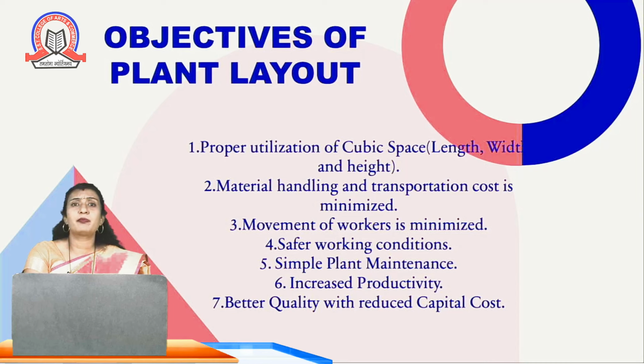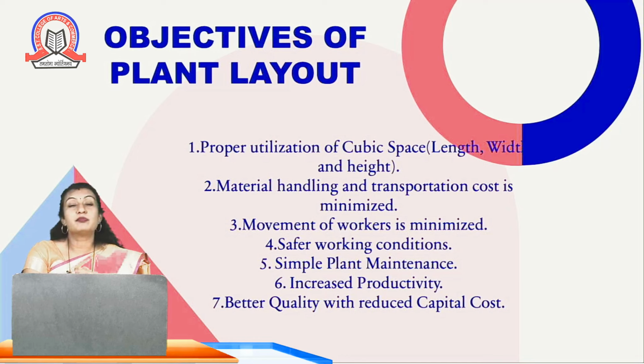Now why is plant layout important? Because it ensures that the space utilization is proper, that is in terms of height, length, width, everything, the area is being properly utilized. According to the availability of area, the different material handling and transportation needs to be arranged, it has to be brought down.